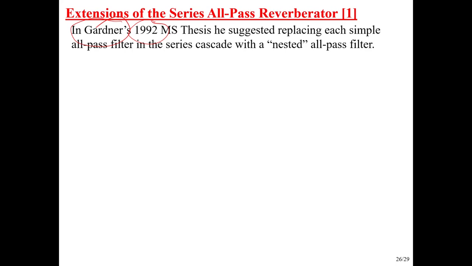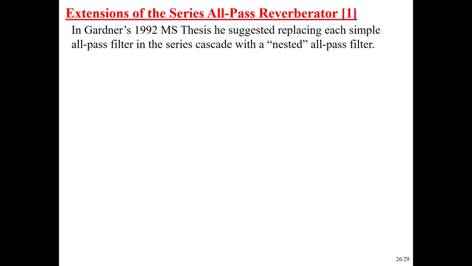Because really Gardner has made some tremendous contributions to this field. A lot of other people have as well, but his name just keeps popping up all over the place. And he wrote this chapter 3 that I based this note set on. So not only is he good at generating new ideas, he's very good at explaining them. But anyway, he was a master's student in 1992, and he was studying this stuff.